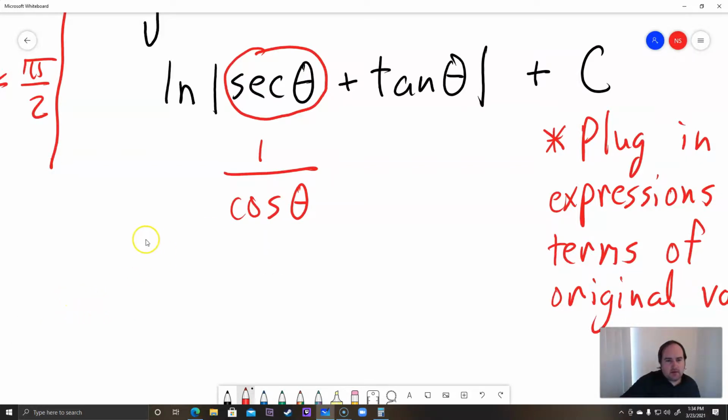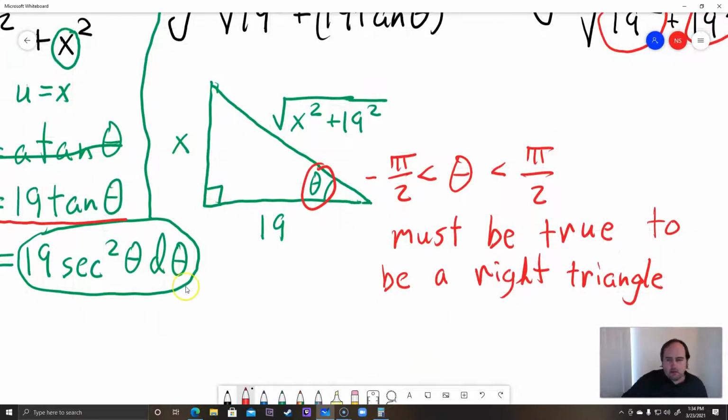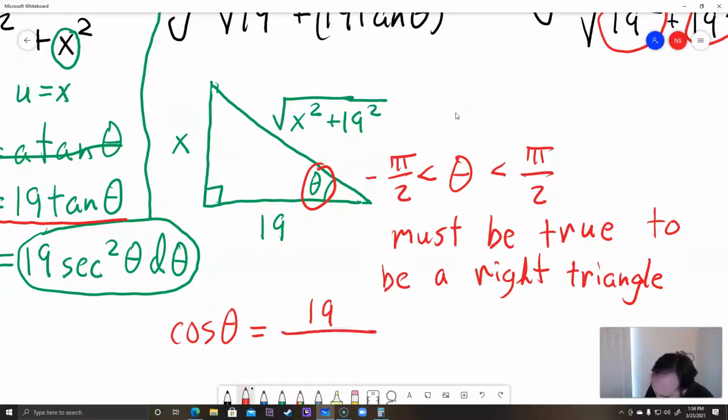Going back to our original triangle, using SOHCAHTOA, cosine of theta is adjacent over hypotenuse. So that's going to be 19 over the square root of x squared plus 19 squared. Where did I get that? Well, that's just the formula from SOHCAHTOA, from trigonometry.